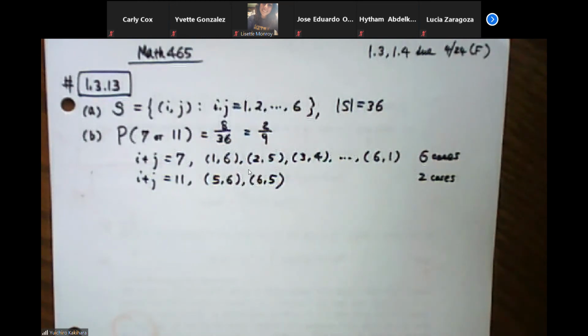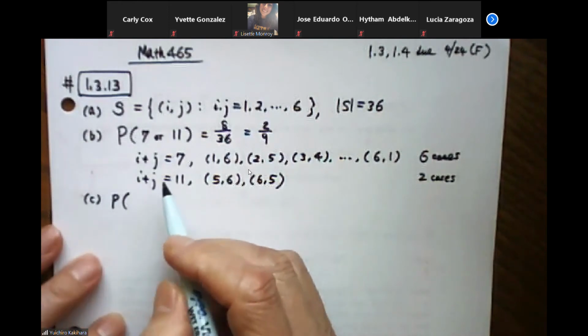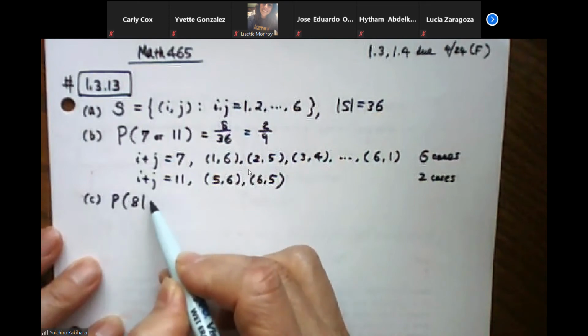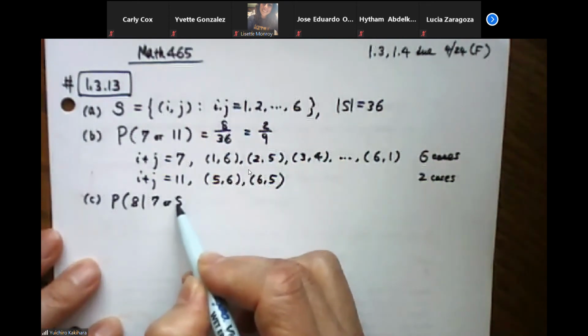Note that at this stage in the game, the only outcomes of interest are 7 and 8. Thus, find the conditional probability of 8 conditioned on 7 or 8. That's what we have to find. So part C is the probability that 8 comes based on the condition that a 7 or 8 comes, right? This is the one.